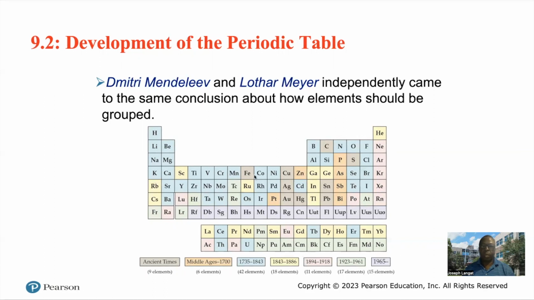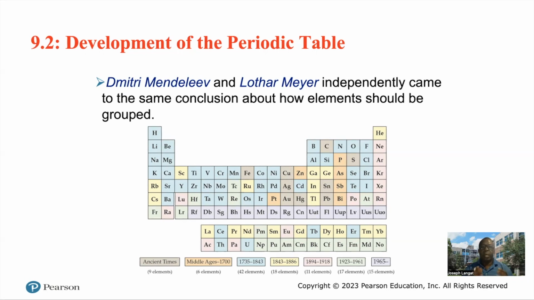You see some anomalies, even cobalt and nickel, they don't weigh the same way, even though he was actually using atomic masses of elements to organize the periodic table. What you see under here is just the timeline of how the elements were discovered. During ancient times, there were only 9 elements, and there was no need to try to organize them.